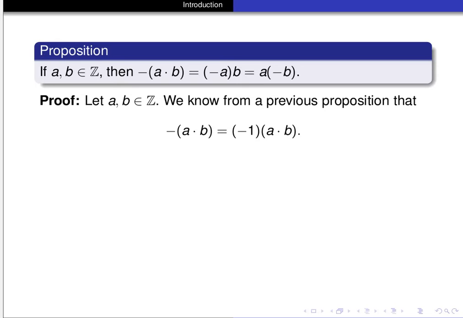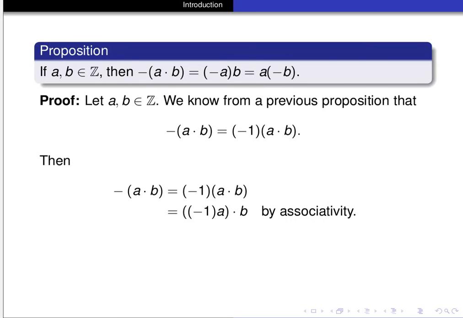So the additive inverse of the product of a and b is going to be minus 1 times the product of a and b. So we can use associativity to multiply negative 1 times a first, and we know, again, from previous that negative 1 times a is the additive inverse of a. So this becomes the additive inverse of the product of a and b is the additive inverse of a times b.